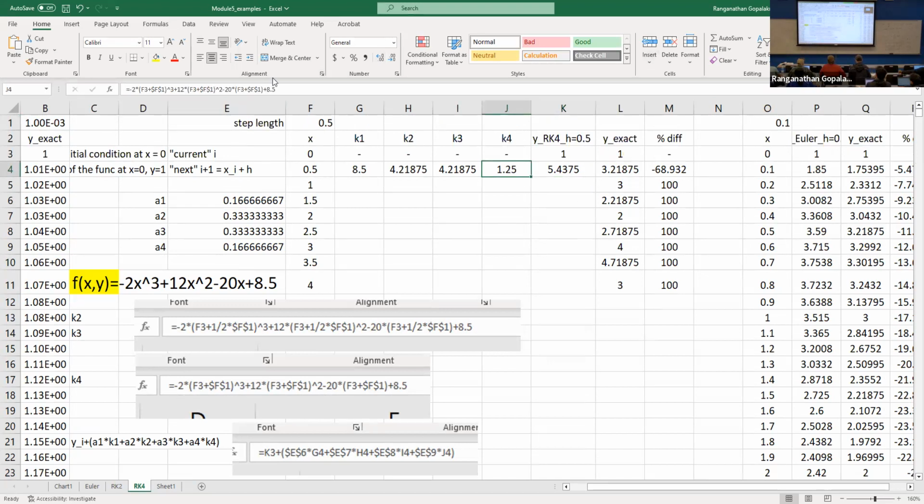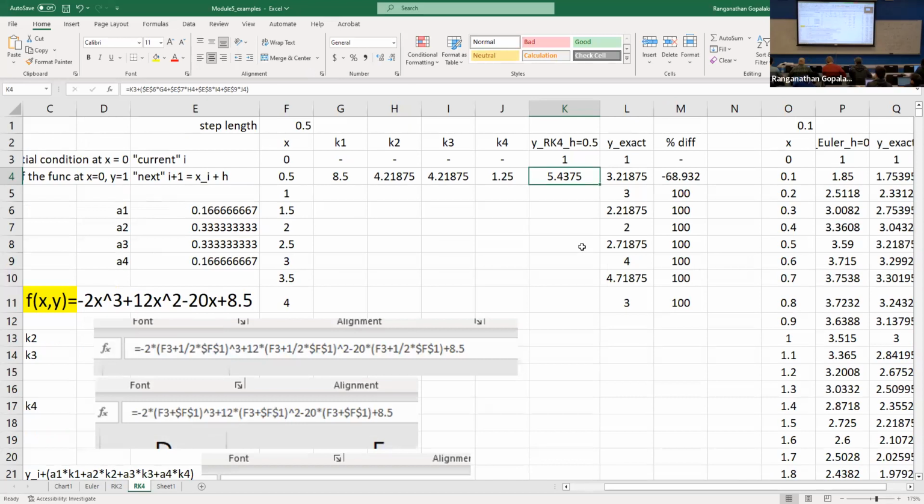What are the values people are getting for K4? I also got one. Okay. All right. So most of us are getting that. So now are we getting 5.4375 for the value of y evaluated at 0.5?